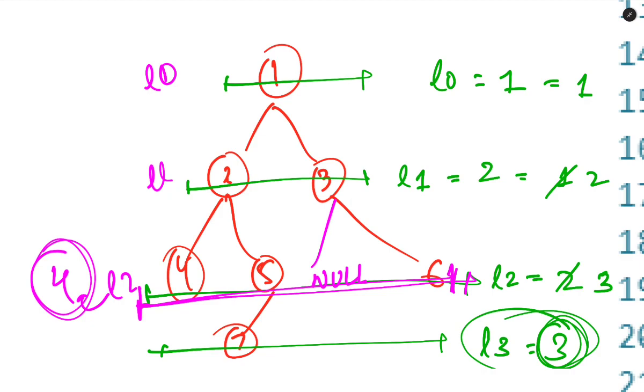So you will say okay, not a big deal. I can just keep on adding null to my level order traversal, and I will simply check the size of that level and return it. But it is not that simple. Why? Because I will be having null here, here, here, and here also.